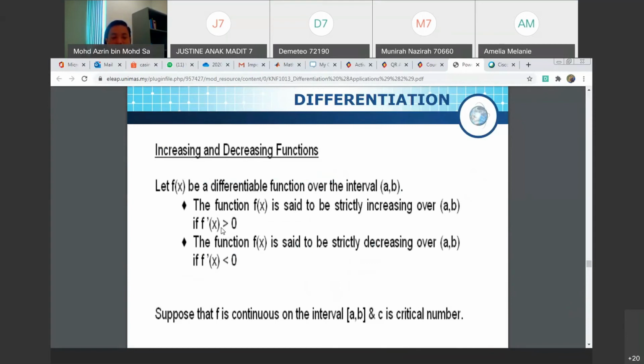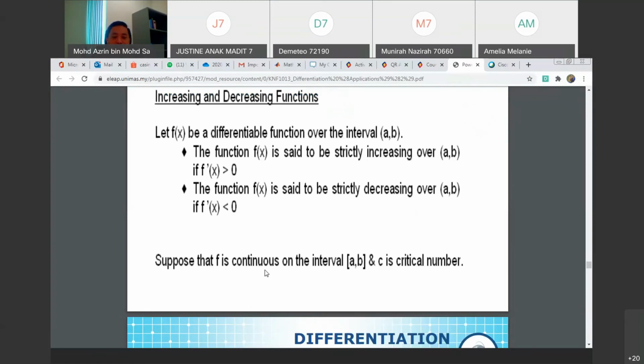The function f(x) is said to be decreasing over (a, b) if f'(x) is less than 0. So it is decreasing if its differentiation value is less than 0, and if the differentiation of the function is more than 0, it will be increasing.